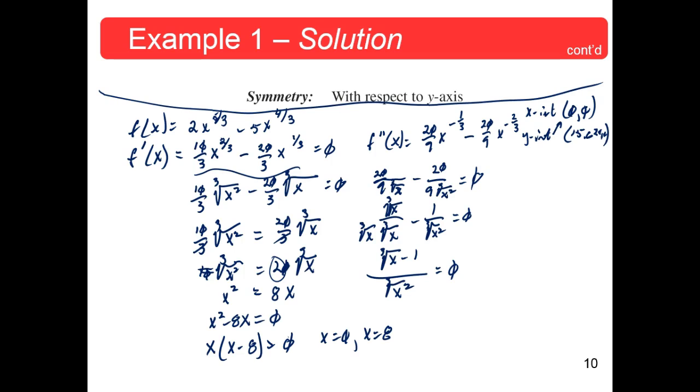It's the only time you have a fraction equals 0, if the numerator is 0, right? So that, in other words, the cube root of x has to equal 1. When is the cube root of x equal 1? What value of x? No, this is second derivative equals 0. First derivative equals 0, these are critical values.